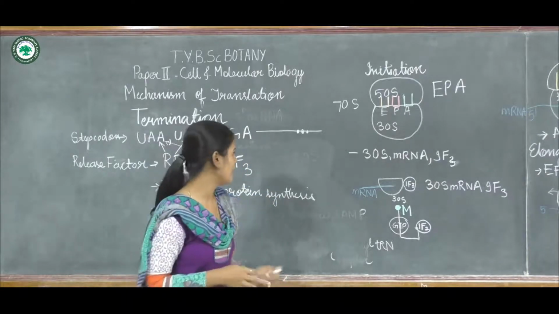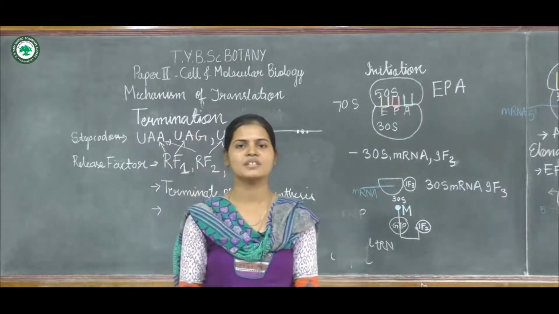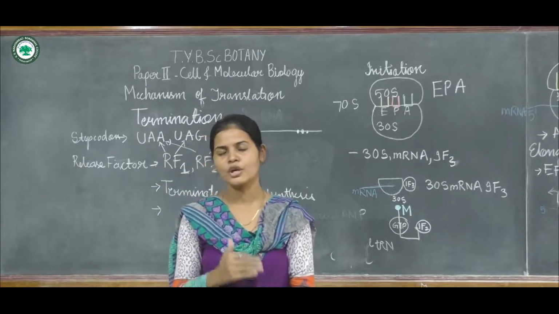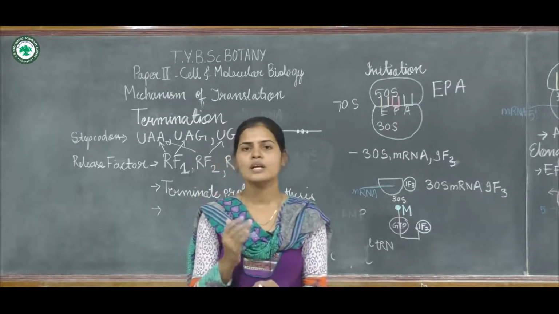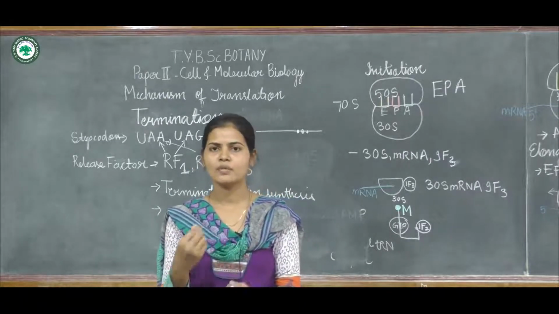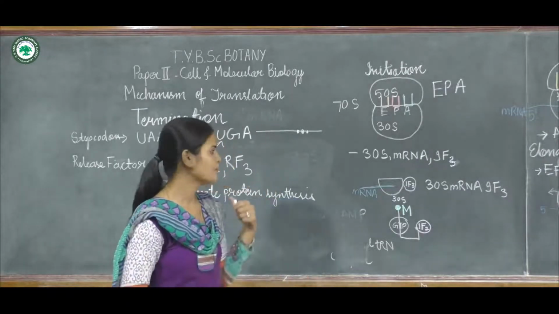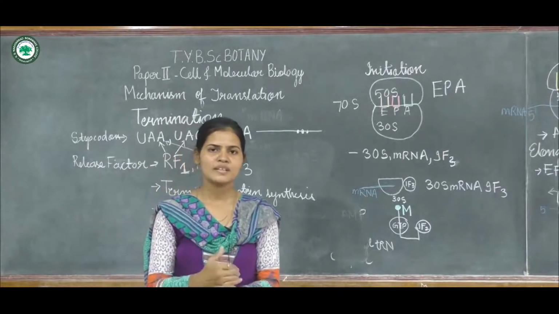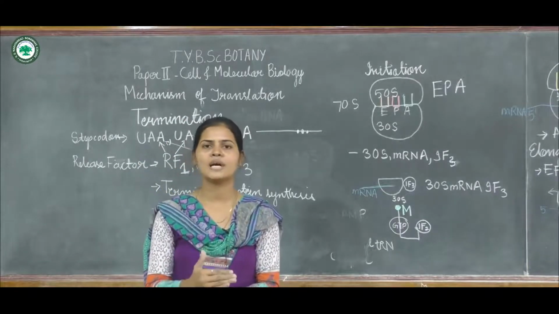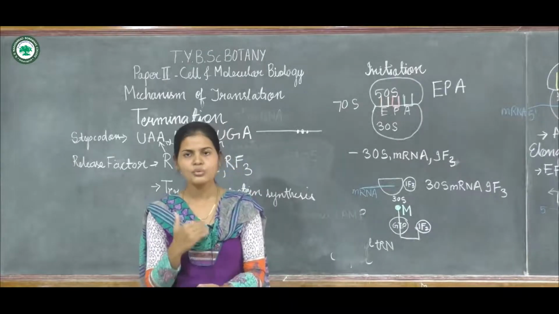So this is the mechanism of translation in the case of prokaryotes. Firstly, it starts with the activation of the amino acid. The activated amino acid will be loaded on the acceptor arm of the tRNA. After that, the initiation process will occur, during which the 30S subunit will bind to the mRNA, and initiation factor 2 will bind.